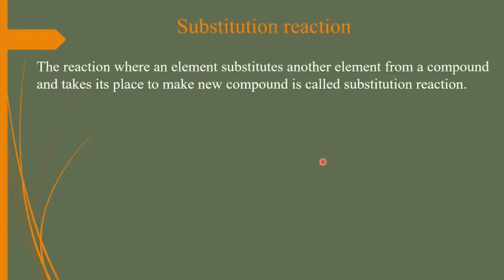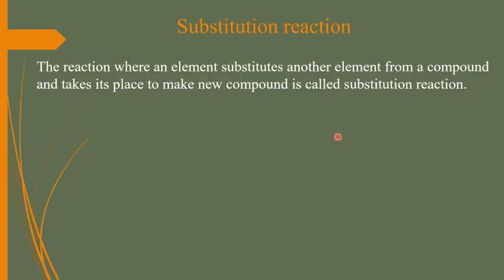Now, what is the definition of substitution reaction? The reaction where an element substitutes another element from a compound and takes its place to make a new compound is called substitution reaction.